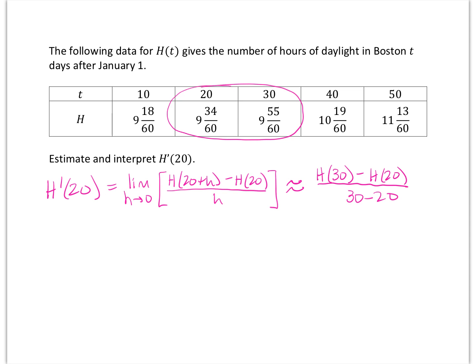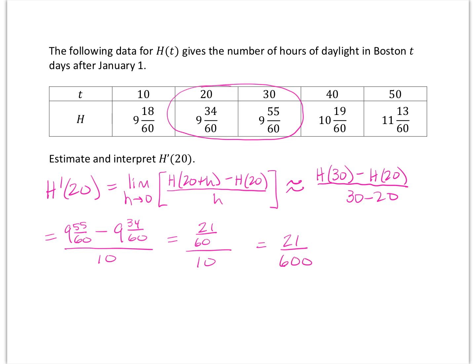That comes out to h of 30, which is 9 and 55/60ths, minus h of 20, which is 9 and 34/60ths, over 10. So that's 21/60ths divided by 10, and that is 21 over 600.